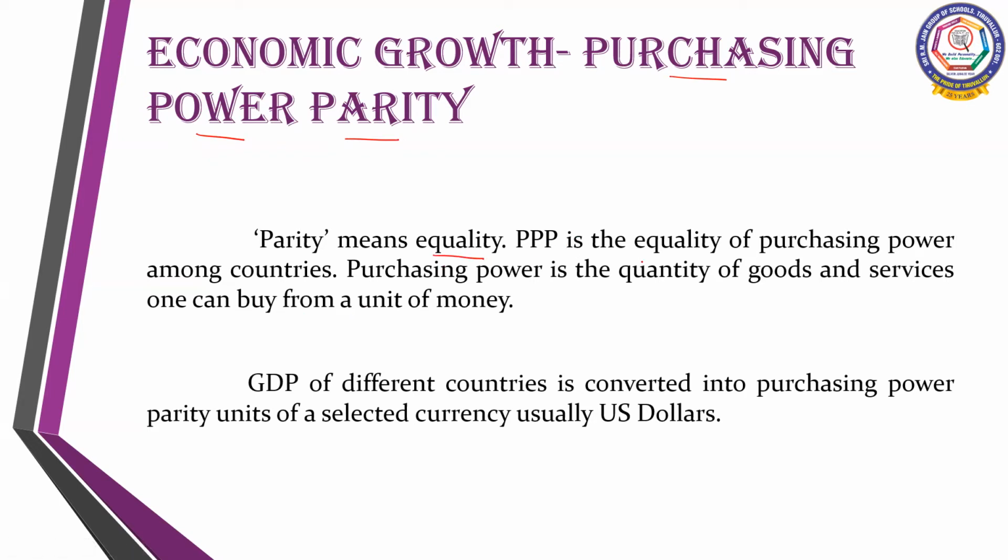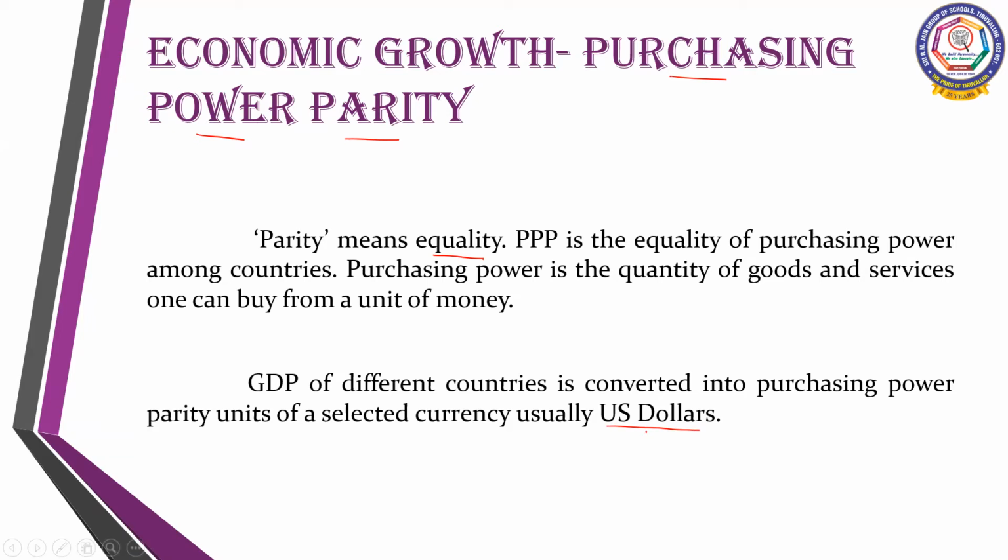Purchasing power parity is the equality of purchasing power among countries. Purchasing power is the quantity of goods and services one can buy from a unit of money. GDP of different countries is converted into purchasing power parity units of a selected currency, usually US dollars.